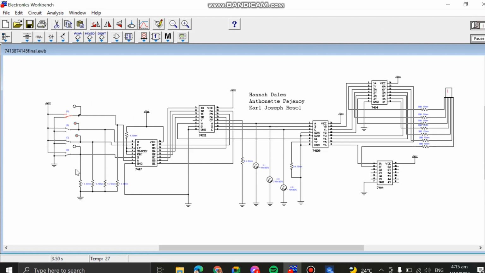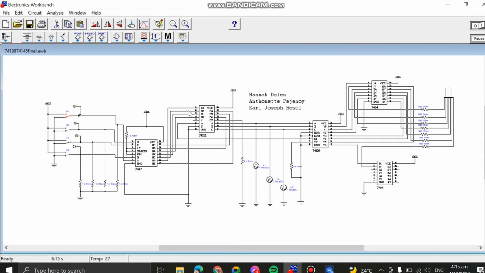For number 7, which has a BCD input equivalent to 0111, the high configuration is at A, B, and C. This is how it looks, and it will show you number 7 on the 7-segment display, where the active segments are A, B, and C. Next, we have number 8.